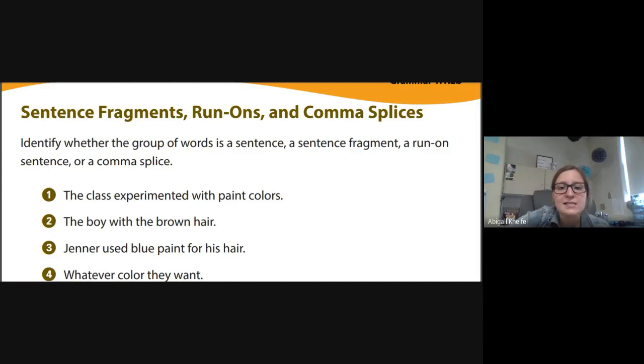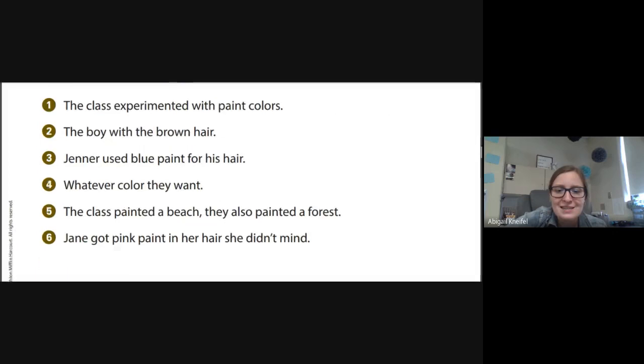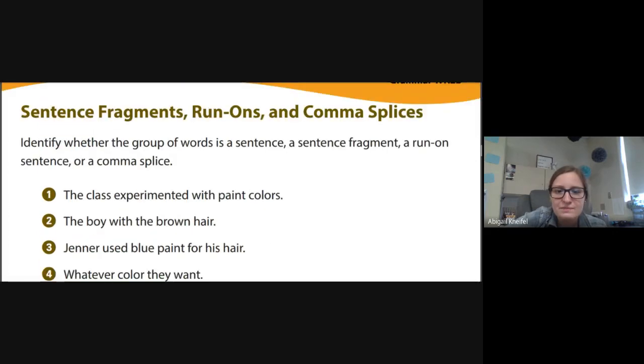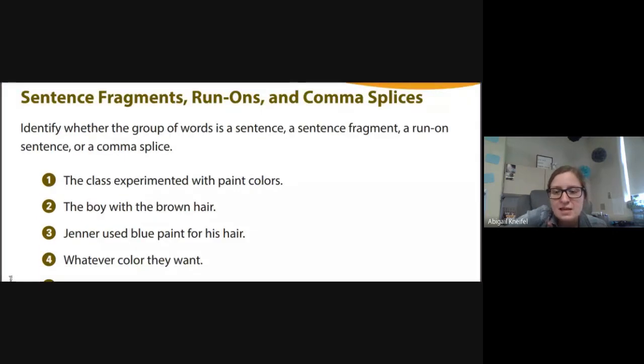The class experimented with paint colors. Is that a sentence fragment, a run-on sentence, or a comma splice? By the way, if it's a comma splice, it needs to have a comma. So there's a little help there. What do we think? Sentence fragment, comma splice, run-on.